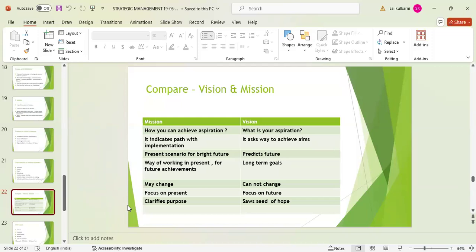And the last point: the mission clarifies the purpose of the organization, and the vision statement sows the seed of future hope. So you can predict the nearer future with the help of the vision statement. These are some different points, and you can now compare the mission and vision statement.